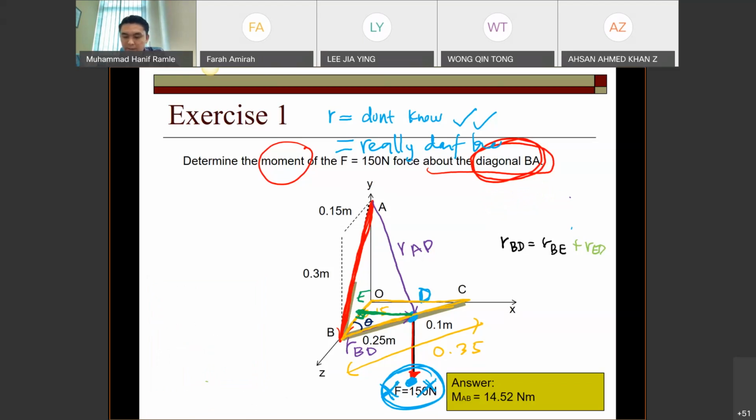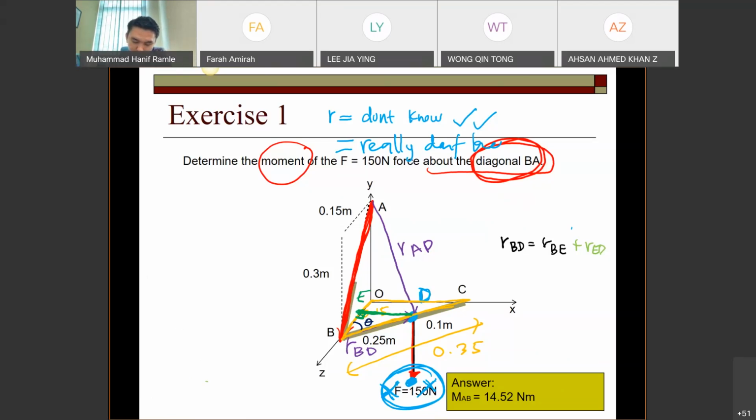Guys, do you get the idea on what to do? Yes, doctor. Okay, so the first thing is that you have to find theta. Can you get theta from here using the big triangle there?